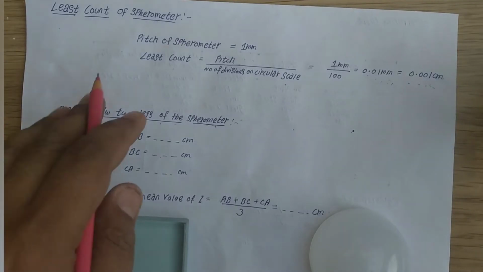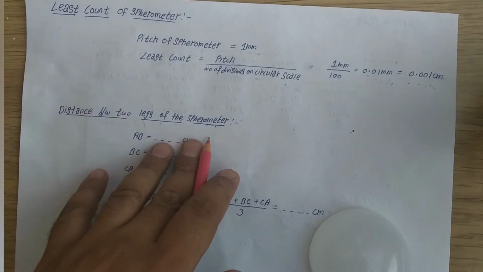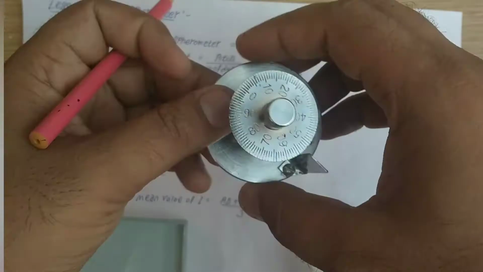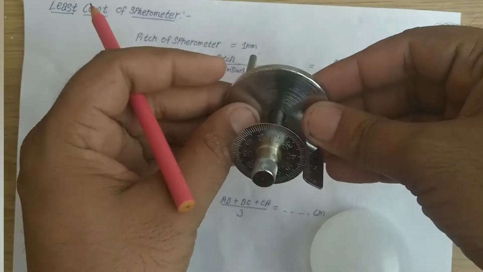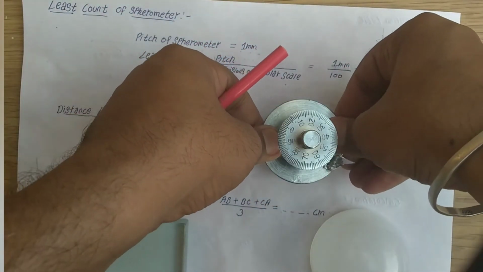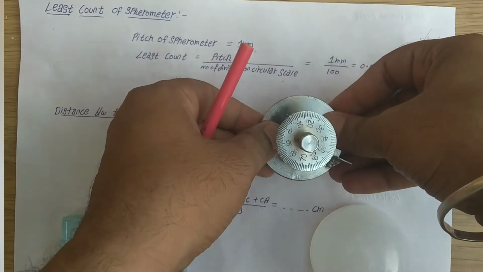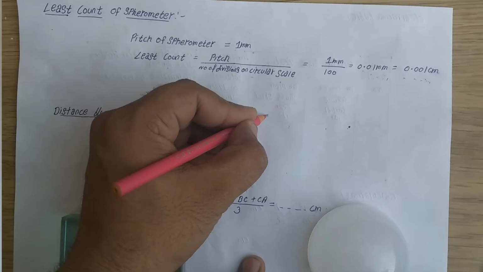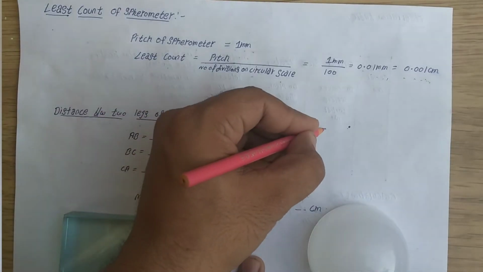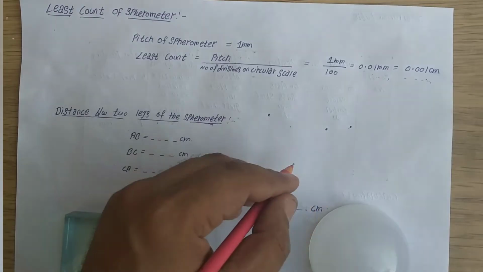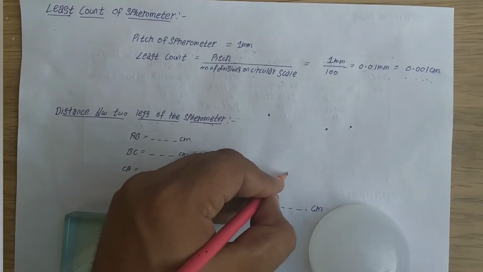Next, calculate the distance between the two legs of the spherometer. How can we calculate the distance between these two legs? Let's see. First of all, place the spherometer on a paper and press with your hand, and you can see the 3 marks on this paper.